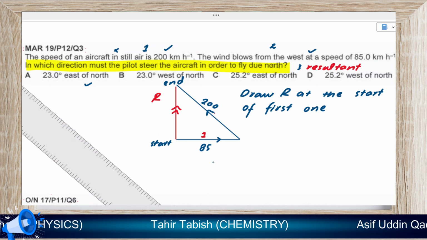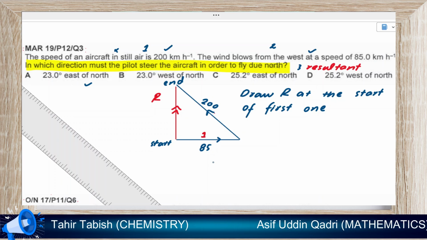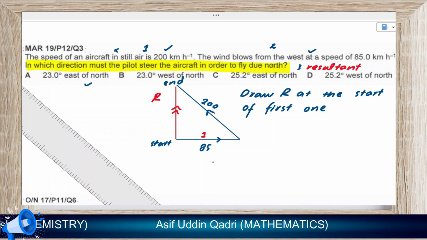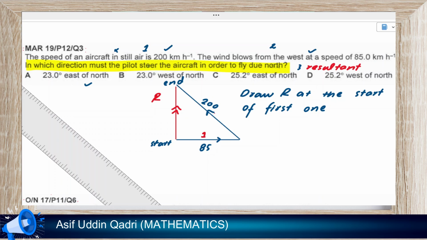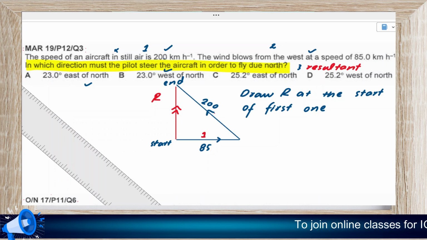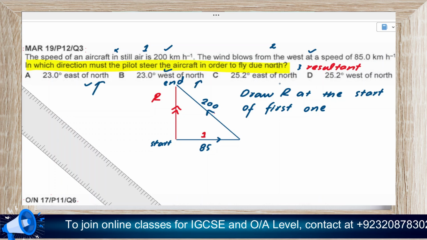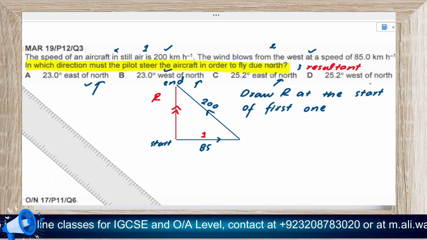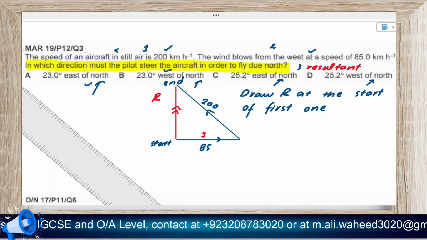So what do they ask in the question? They have asked us to find the direction of the aircraft, meaning the direction of the first vector, with respect to north. If you check out all the options, we have to answer with respect to north.